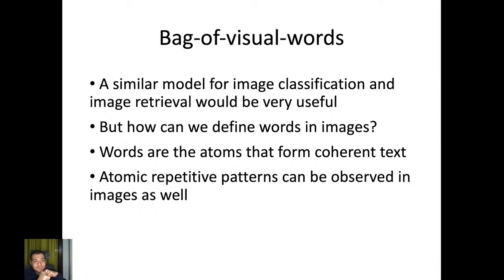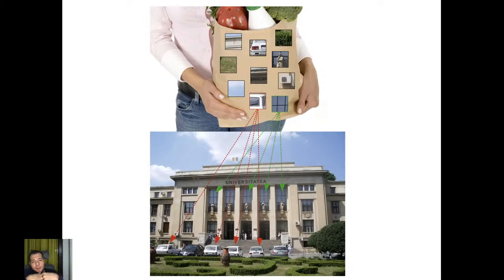So we can also try to find these atomic repetitive patterns in images. For example, these can be patterns such as textons or specific patches that can have some level of generality. And when I say generality, it means that we can find them in different images, in different locations.